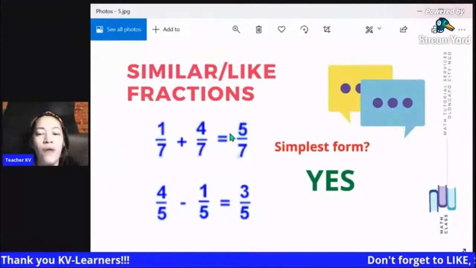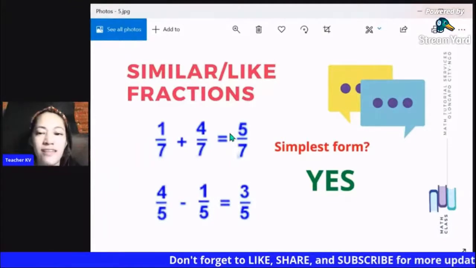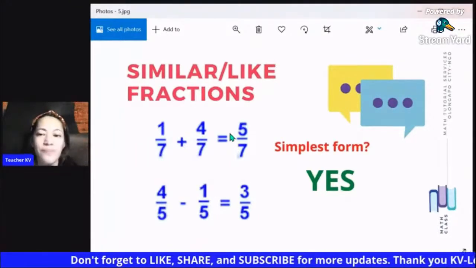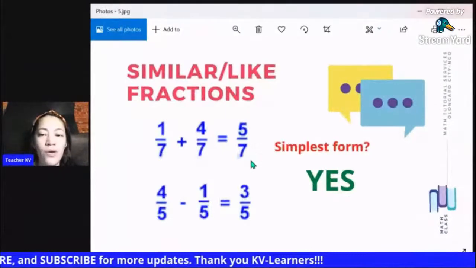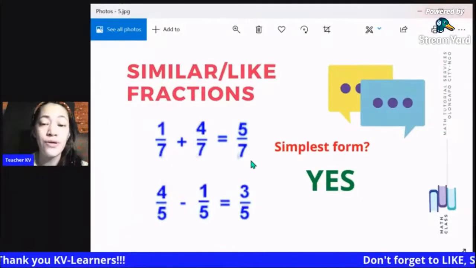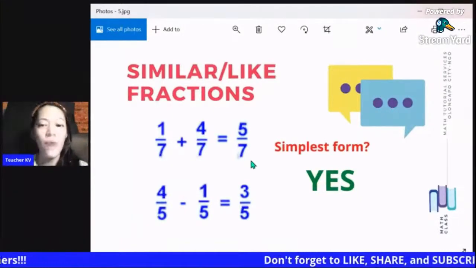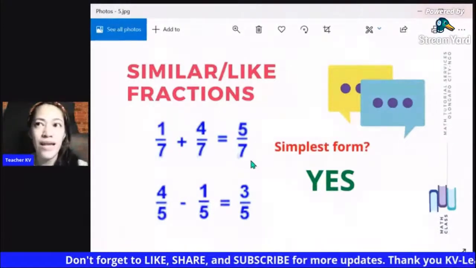So how will you know that your answer or the fraction is in its simplest or lowest term? For example, itong 5/7 natin, we all know na ang ating common factor lang nila ay 1, which is 5 times 1 and 7 times 1. Wala nang other factors.